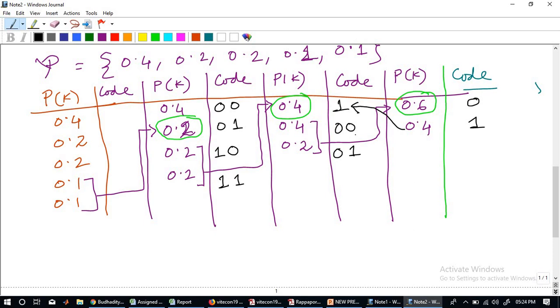So we have put 0 over here and 1 at the lower half. 0.4, since it has come from here, will remain 1 as it is. Now just before this, 0.4 and 0.2 are the positions over here. So they will retain their codes 0, 0 and 0, 1. Whereas the new element was formed by 0.2 and 0.2, so all of this will have 1, 1, but the top half will have 0, the lower half will have 1. Am I understandable? Is it fine? We'll solve another one. No problem.